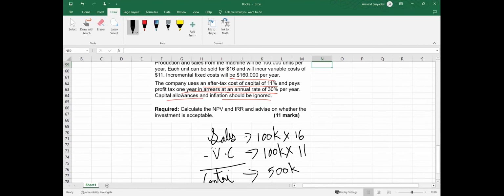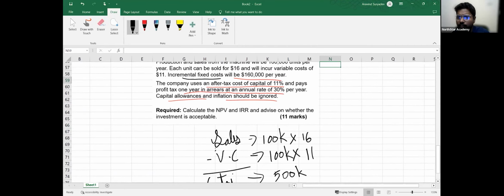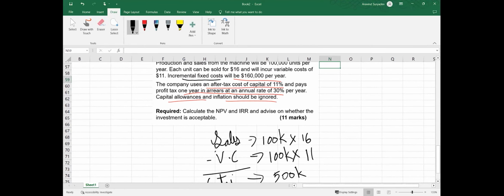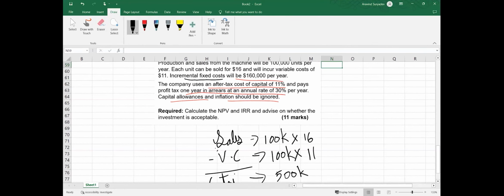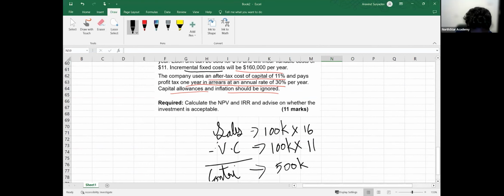But one more thing we can take into account. Incremental fixed cost: is it relevant or not relevant? Is that a real cash flow or not? It's not irrelevant, it's incremental. If it was simply fixed cost, it would not be relevant because it's already a committed cost. Incremental means because of this project, we are going to incur it. Both of you got it.